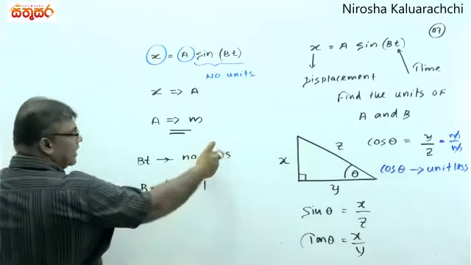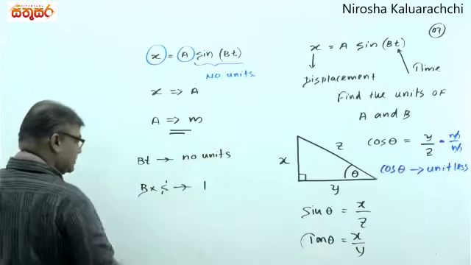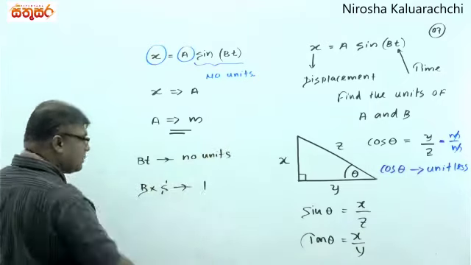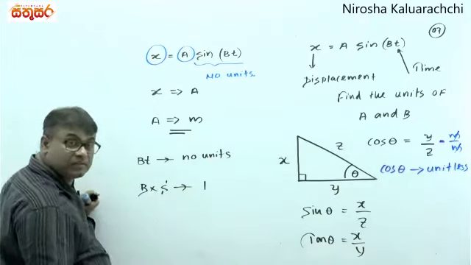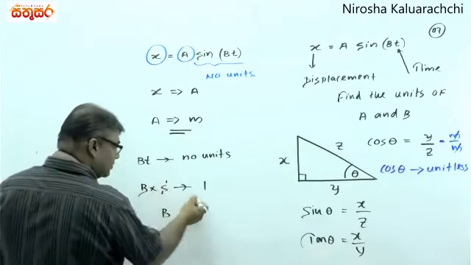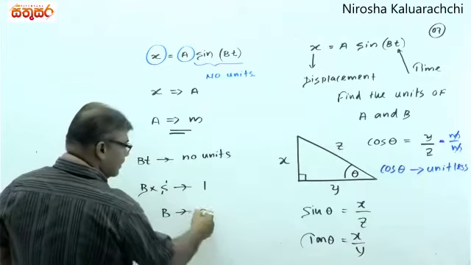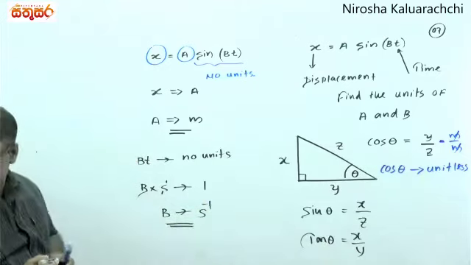As there is no value in the no unit region, just say one, not zero. Zero is an impossible value. Zero is not used in the calculation, right? Okay, then just one. So B becomes, S goes down and comes up, S minus 1. Clear with that? Right, copy this one.